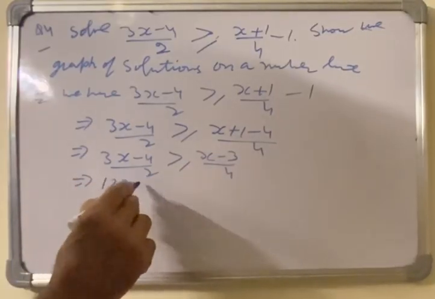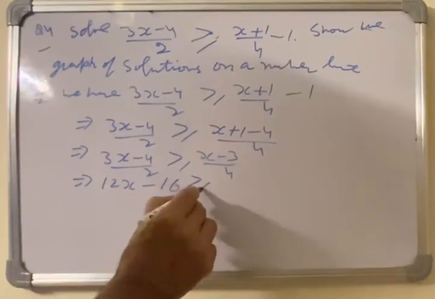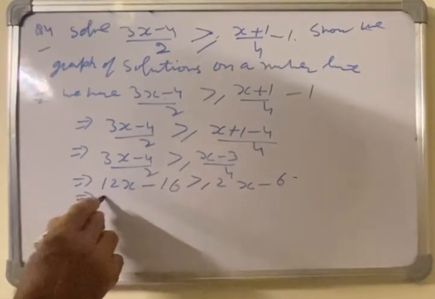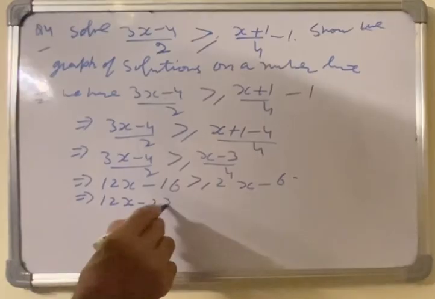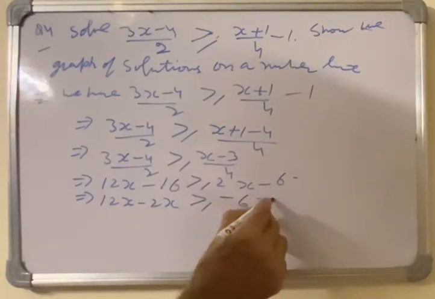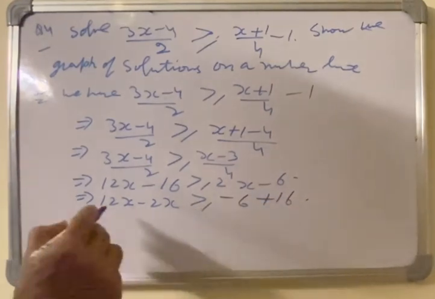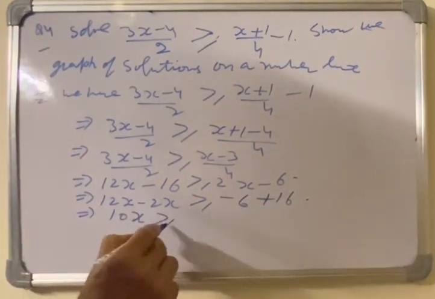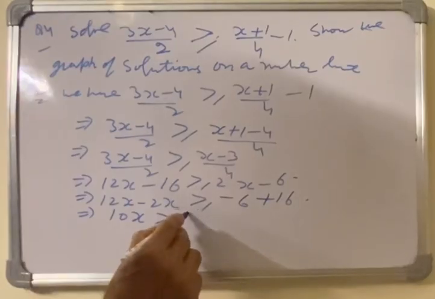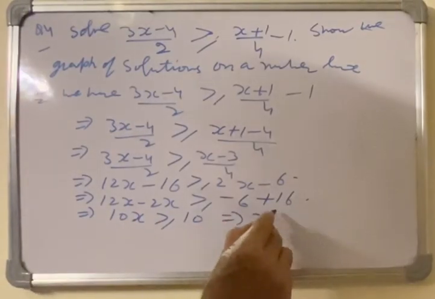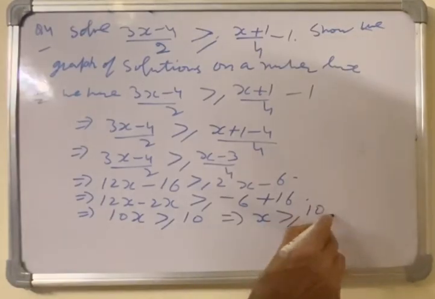It is 12x minus 16 greater than equal to 2x minus 6. Then 12x minus 2x is greater than equal to minus 6 plus 16. So this is 10x greater than equal to 10 and x greater than equal to 10 over 10.